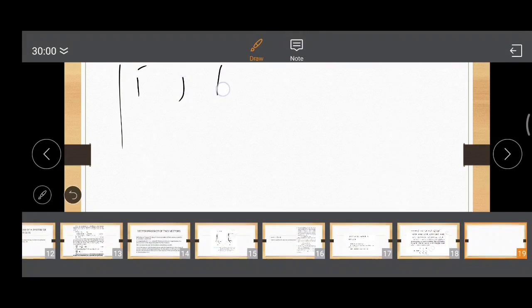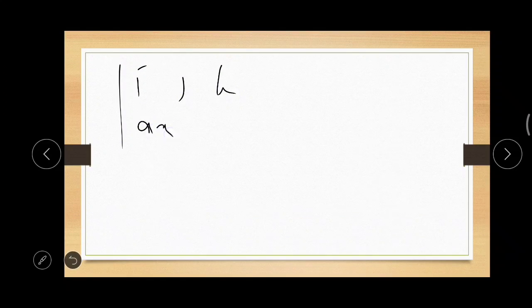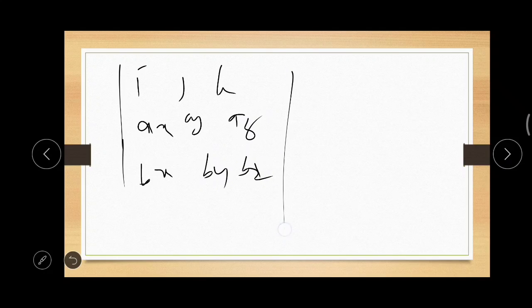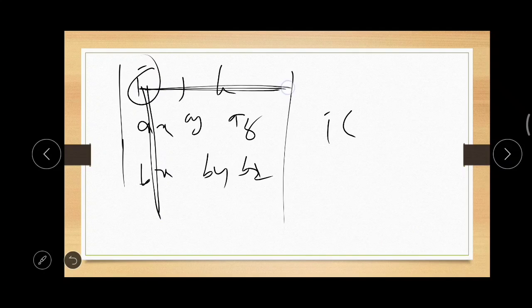So here you have i, j, k, Ax, Ay, Az, Bx, By, Bz. Suppose you are considering i, then you have to neglect the row and the column which contain i.